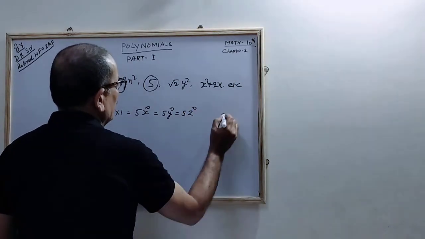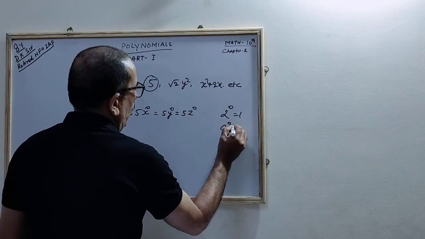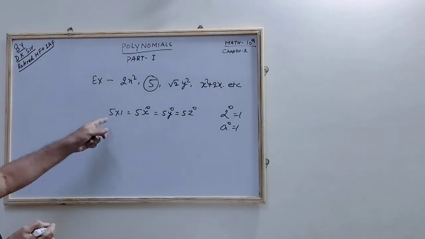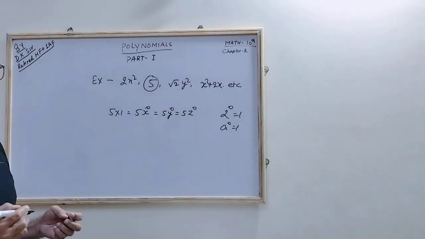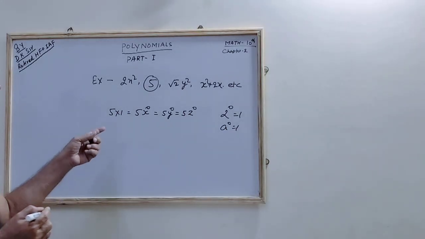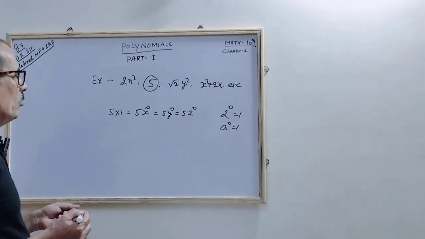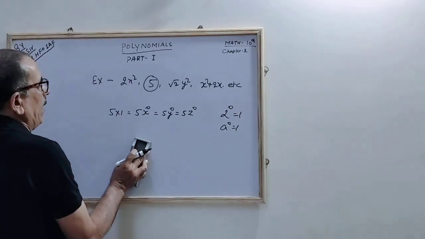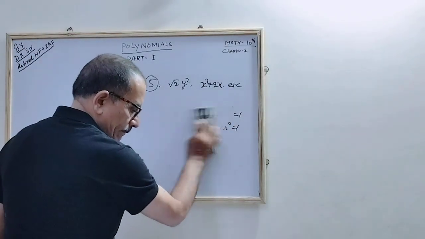Anything with the power of 0 is equal to 1. So it can be anything. So this is also a constant. The constant is 1, which is a variable to the power of 0, equal to 1. We are not in the habit of writing the power 0, correct? We are not writing it normally.